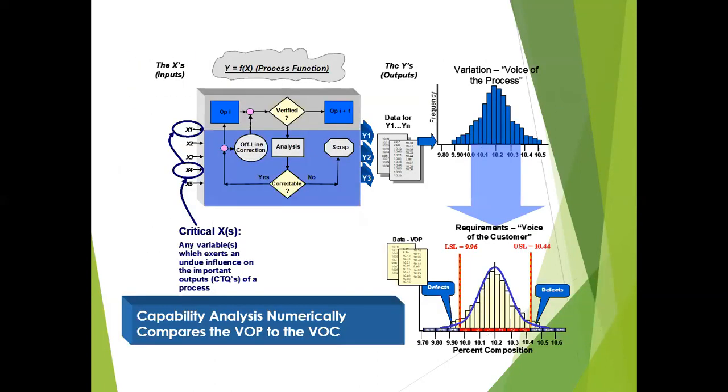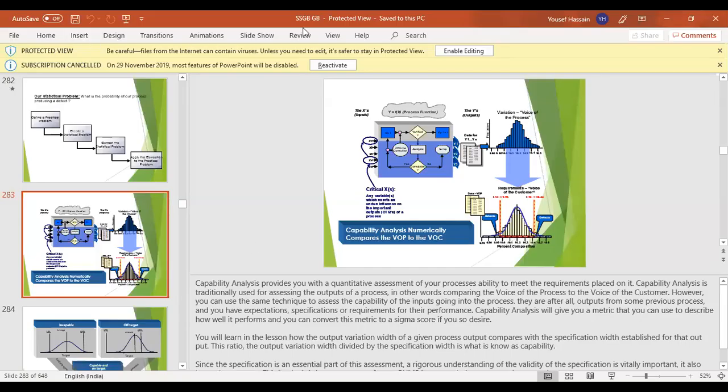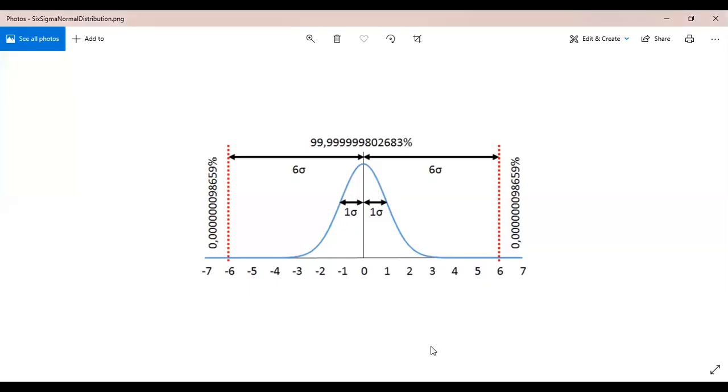Now, to give you an example, if you look at this particular chart, let me pull out another example for you, which is a little easier to understand. So this is something we've already seen before, right?